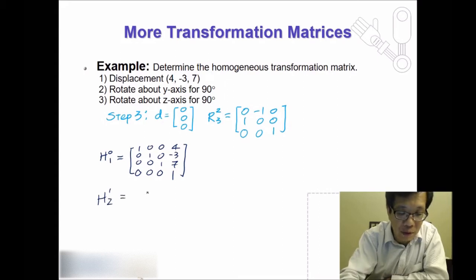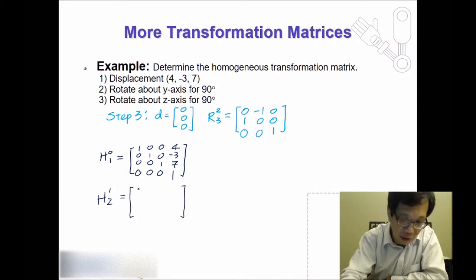Then we do the transformation matrix from frame 1 to frame 2. With the same idea, we are going to have 0, 0, 1, 0, 1, 0, negative 1, 0, 0.